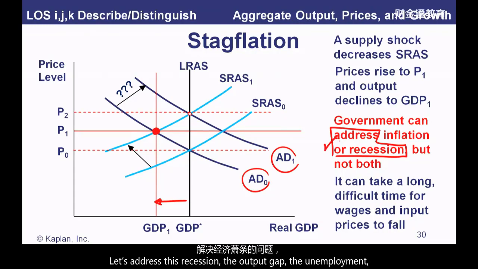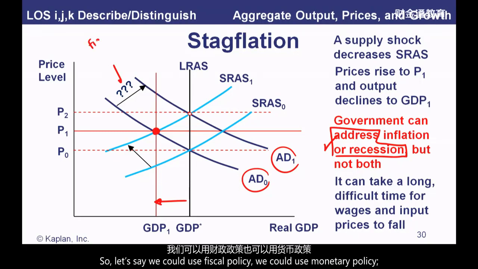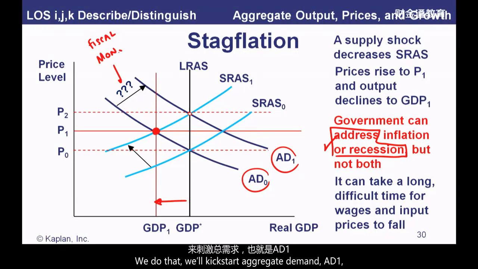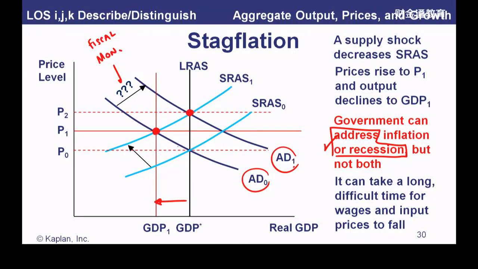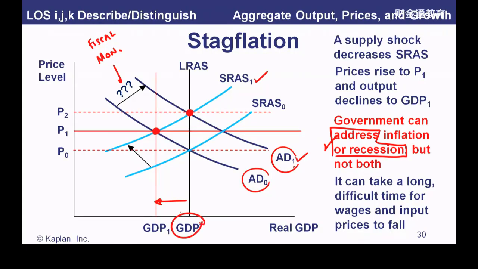Let's address this recession, the output gap, the unemployment, by kickstarting aggregate demand somehow. So let's say we could use fiscal policy, we could use monetary policy. We'll do that. We'll kickstart aggregate demand to AD1 and everyone's happy. New equilibrium of AD1, the new supply curve, we're back to full employment GDP.